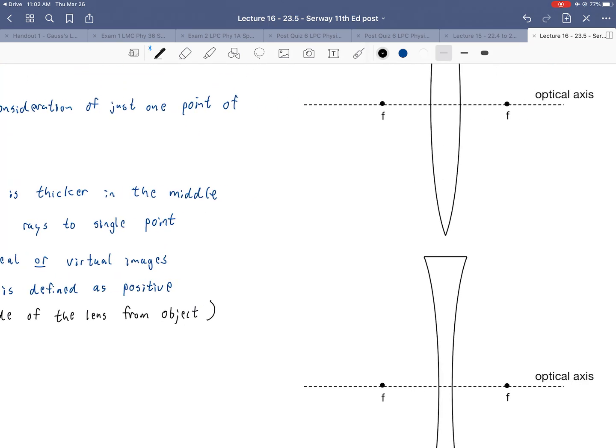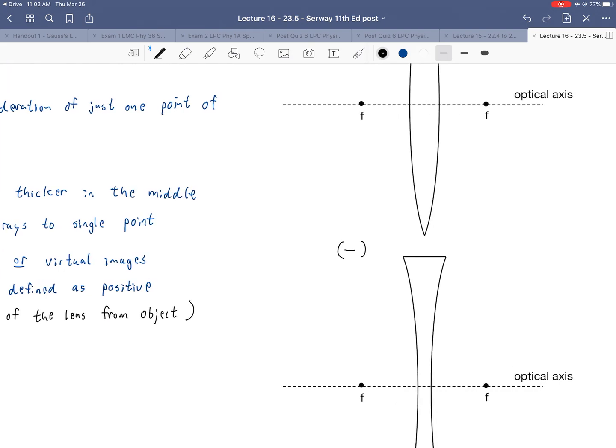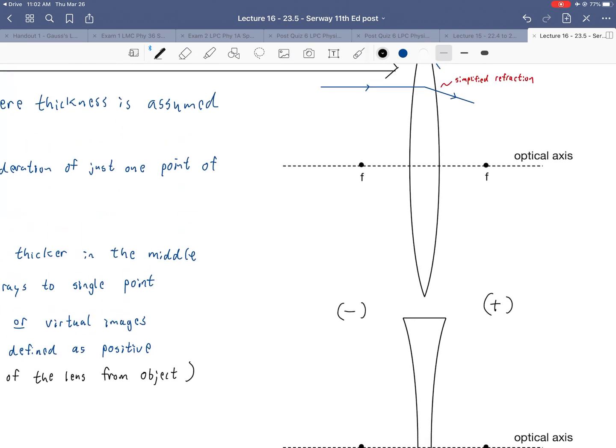So what that gives us is the idea that anything on this side is negative, okay? And anything on the opposite side is positive, okay? And in both cases, let me draw an object. I'm going to draw an object for both lenses to help illustrate.